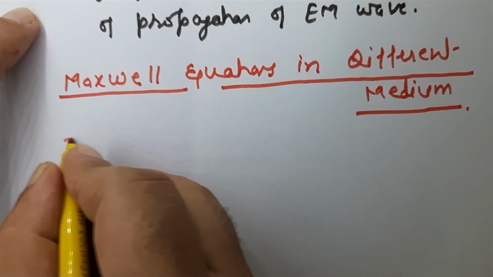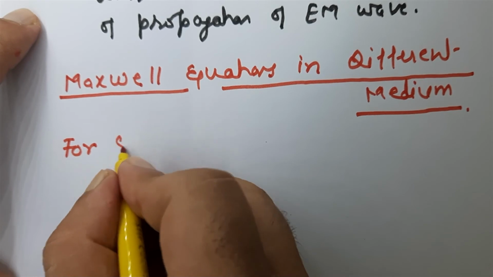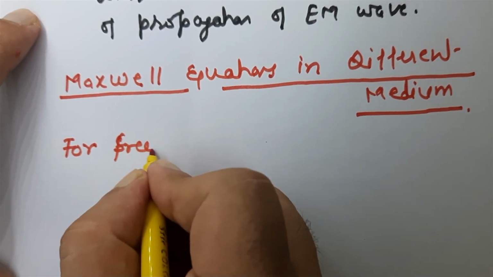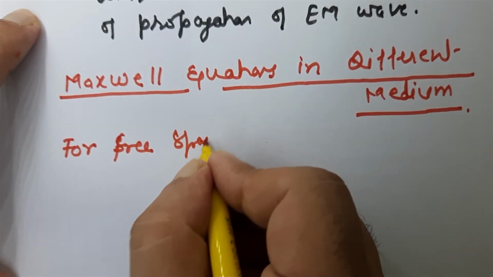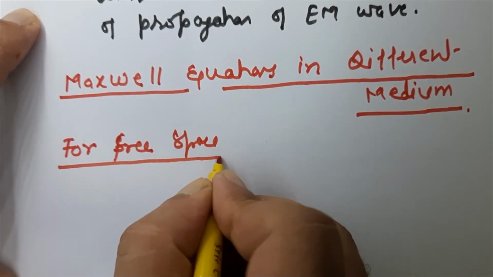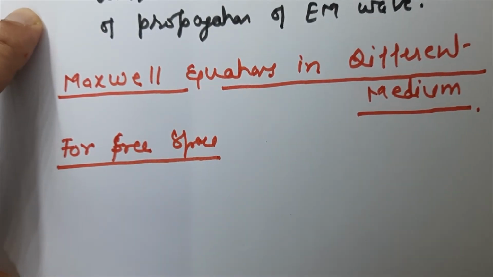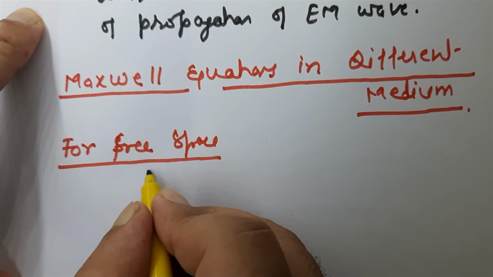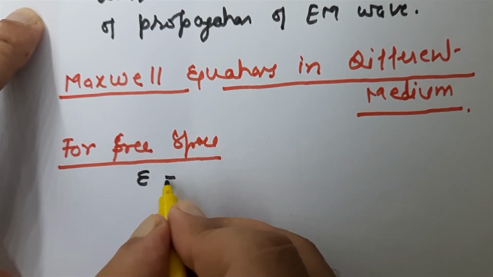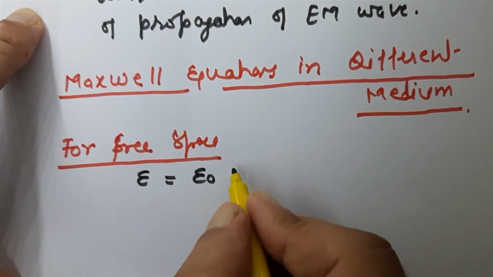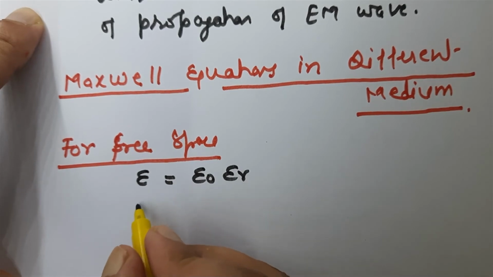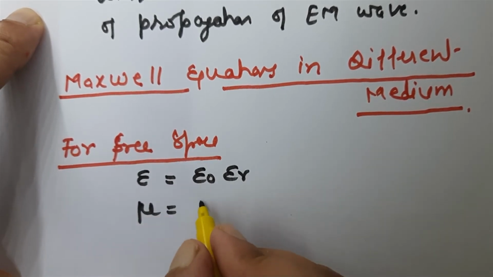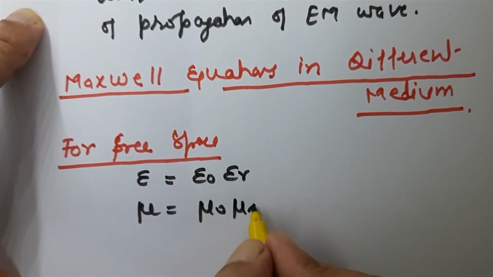So when we are discussing free space, the various parameters are going to change. The first one is that epsilon is given by epsilon 0 epsilon r, and mu is given by mu 0 mu r.